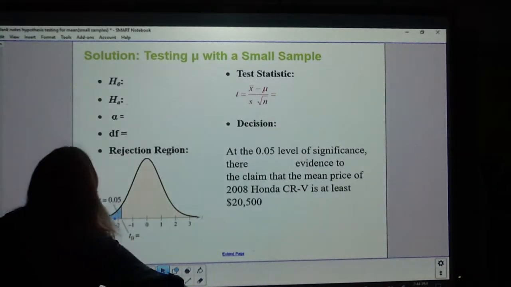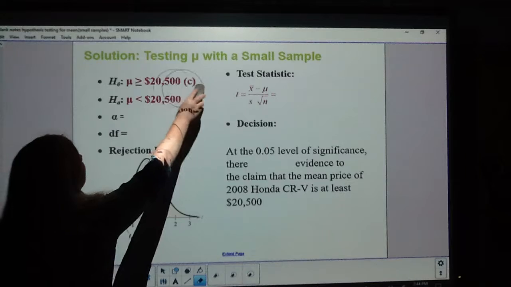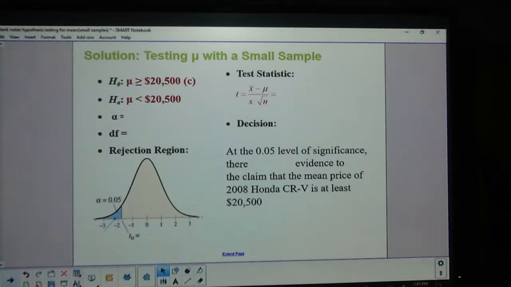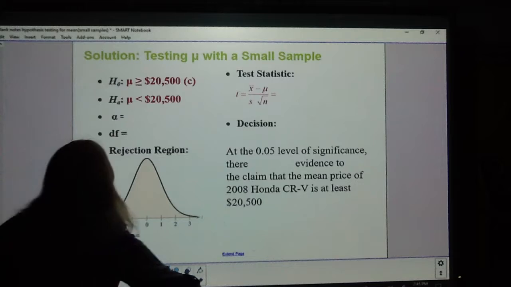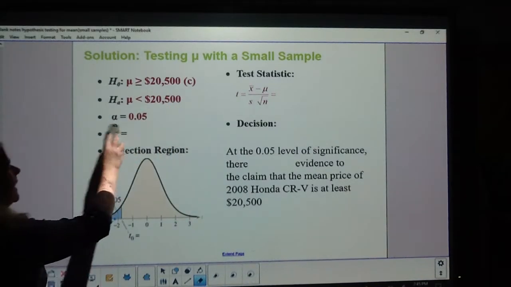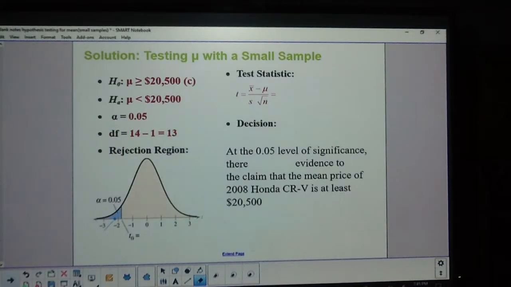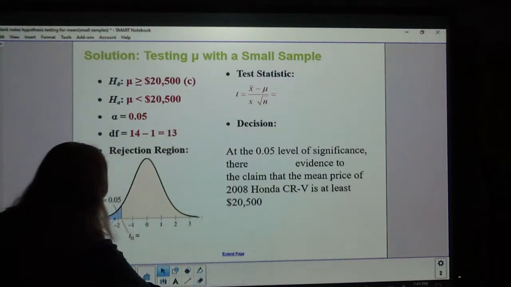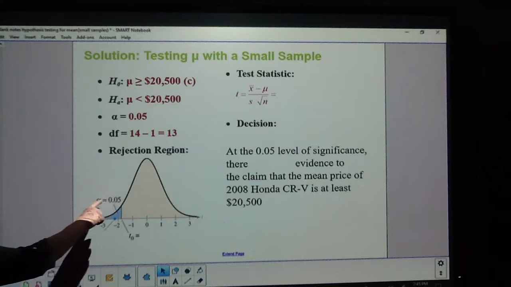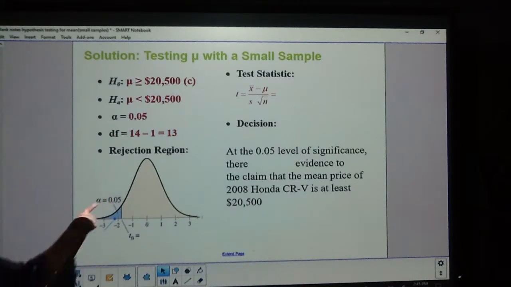I know what my H naught is. So they're talking about the dealer's claim. So that's why that's your C. Alpha was given. Degrees of freedom would be N minus 1. So I have alpha is 0.05.